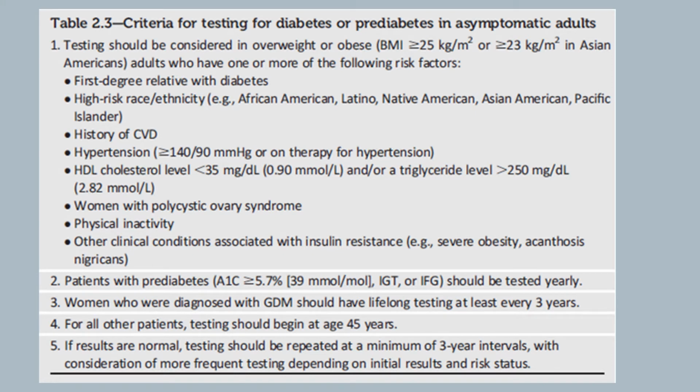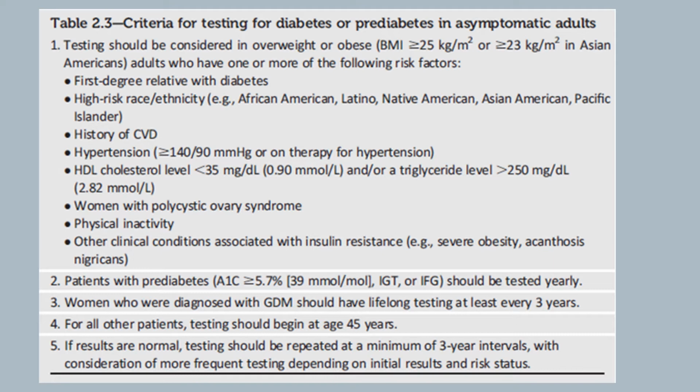Okay, so who should you consider screening for diabetes, even if they are asymptomatic? Testing should be considered in overweight or obese individuals who are in a high-risk group or have risk factors.